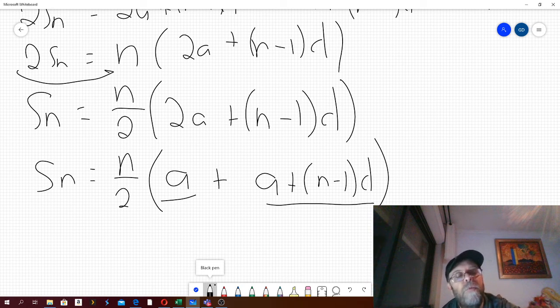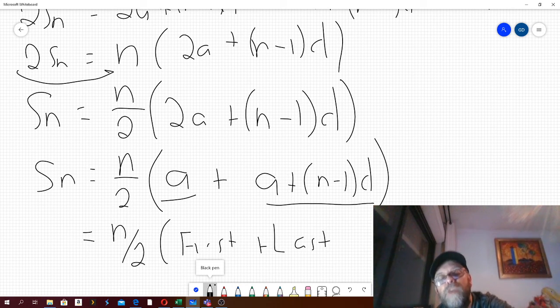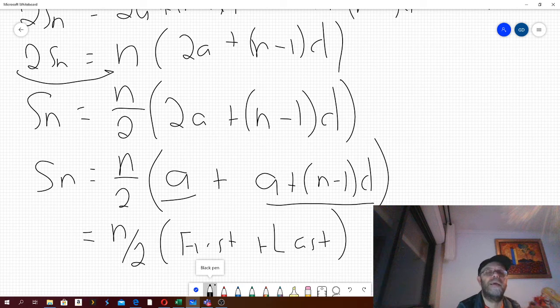And so another way of expressing this series is that the sum is n over 2, the first plus the last term. So if you have a finite sequence and you know the first term and the last term of that sequence, you can just put those numbers in, take the number of terms that the sequence has, divide that by 2, multiply it by your first plus your last term, and you've got the total sum of the expression.